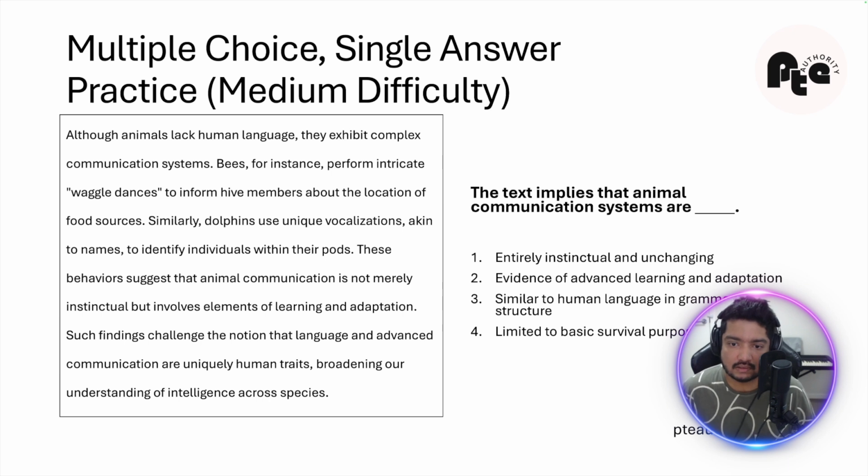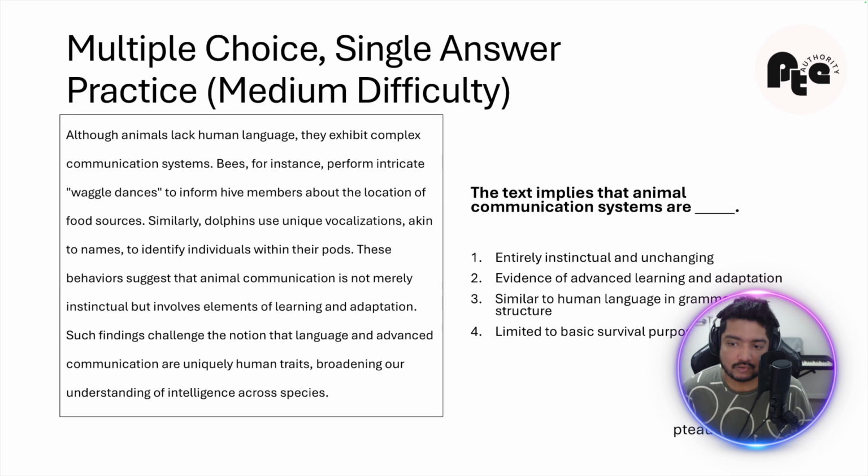So the first one, entirely instinctual and unchanging, which is incorrect. They're not instinctual as from the text. They are more complex and more advanced, and they involve adaptation and changes. Option 2, evidence of advanced learning and adaptation, which is true to some extent, and it kind of aligns. Option 3, similar to human language in grammar and structure.